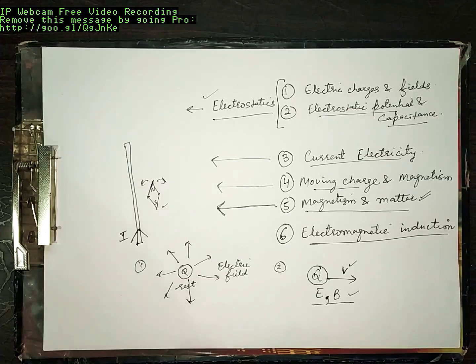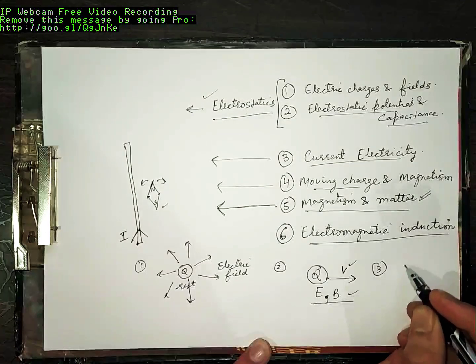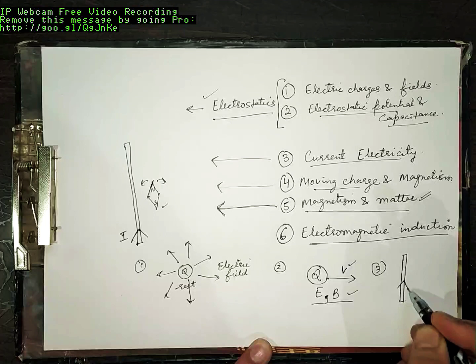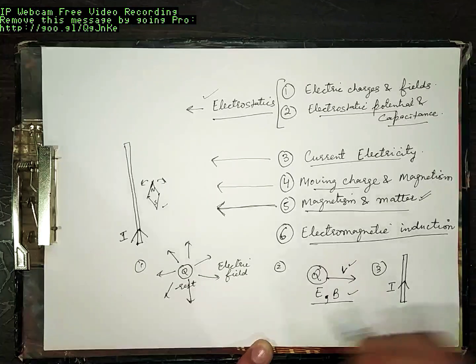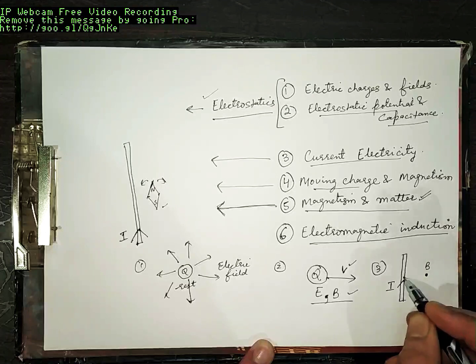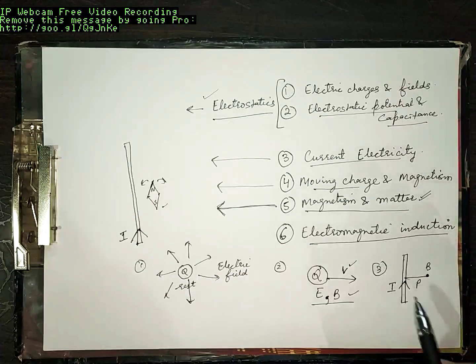Or whenever a current I flows through a wire, it produces a magnetic field B around this wire. We have discussed the shape of the magnetic field because of a straight wire, because of a solenoid, because of a circular loop. We have already discussed them in the class.